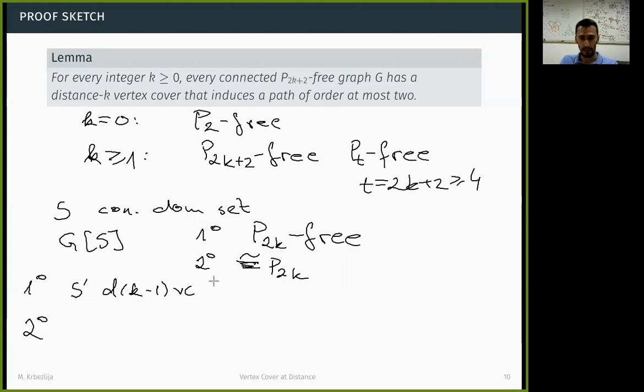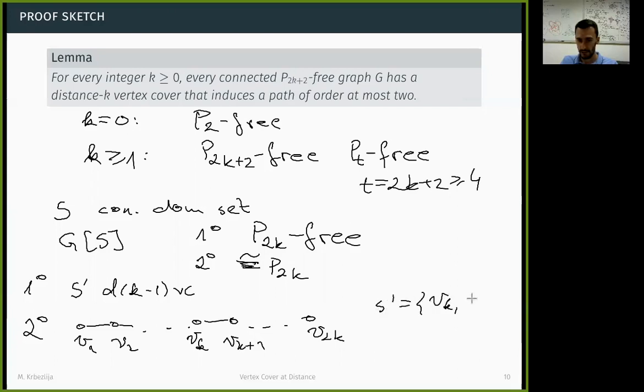On the other hand, if G[S] is isomorphic to P_{2k}, we can denote by v1 up to v_{2k} the vertices of G[S], and take S' to be the set {v_{k+1}}.